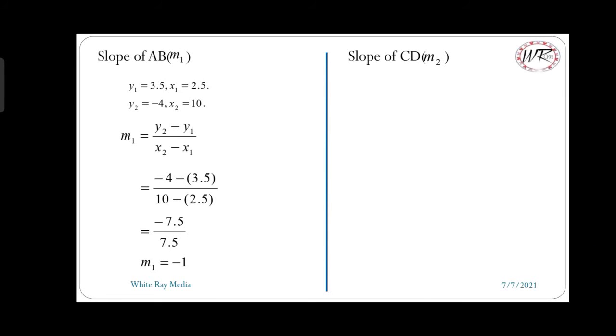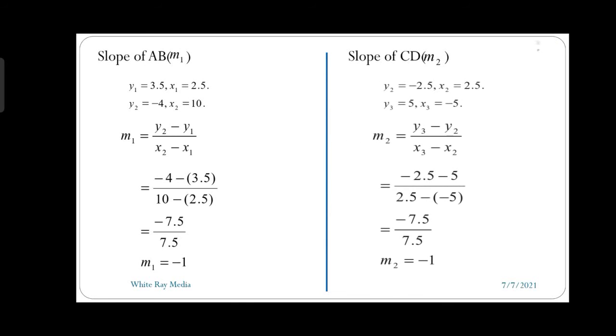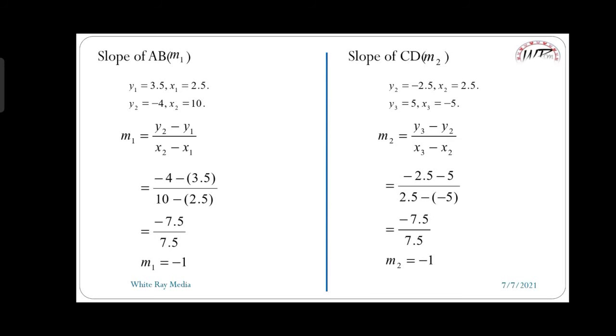Now let us find the slope of CD, taken as M2. Let us apply all the x and y values. M2 is equal to (-2.5 minus 5) divided by (2.5 minus (-5)). That is equal to -7.5 divided by 7.5. Here the slopes M1 and M2 are the same.